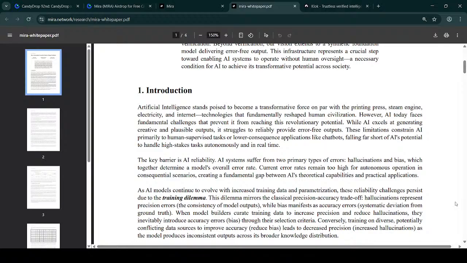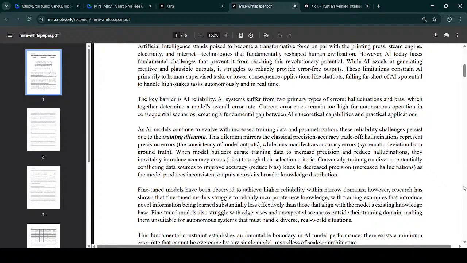This limitation confines AI primarily to human-supervised tasks of lower consequence, like chatbots, and it falls short of the potential to handle high-stakes tasks autonomously in real time.